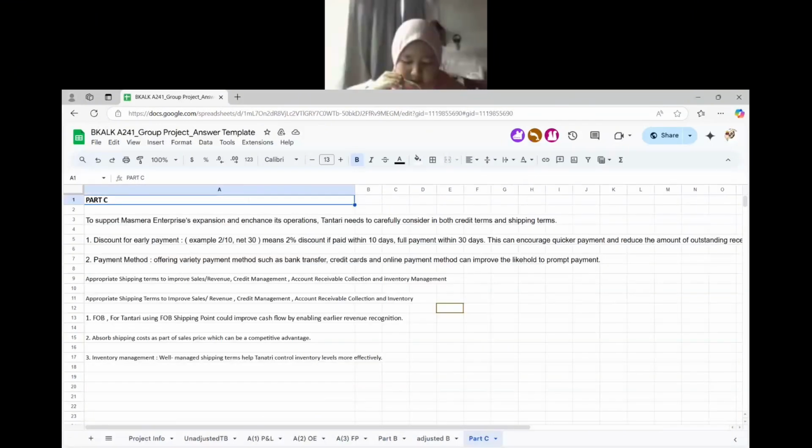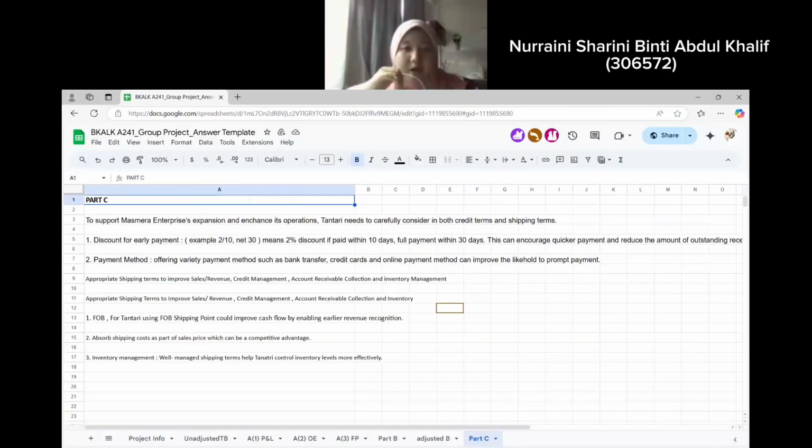Okay, dekat part C, dia ada bagi kita satu situation which is Tantari will open more outlets dekat strategic location in the city. So dia nak kita discuss and advise Tantari on the following. The first one is dari segi credit terms.